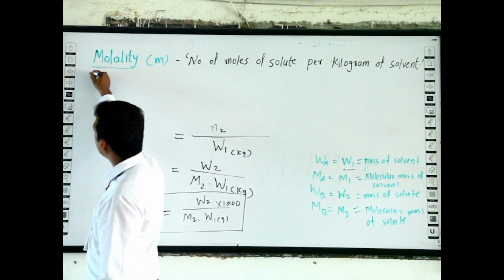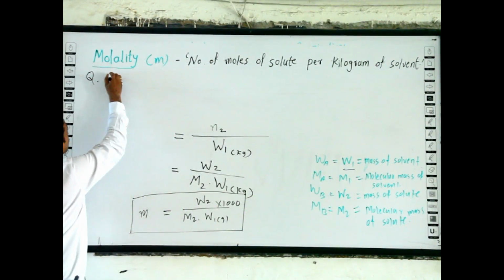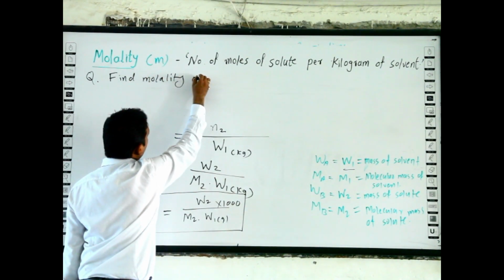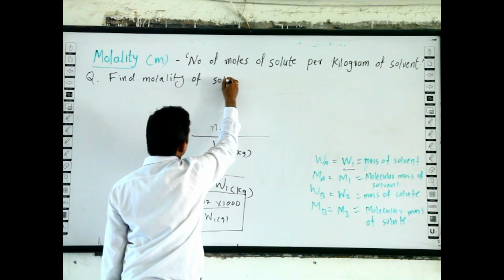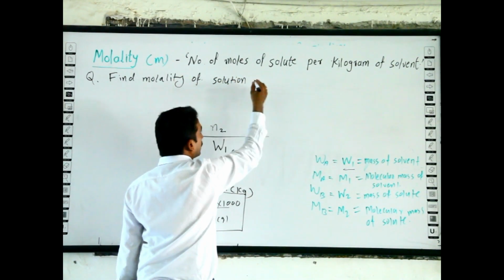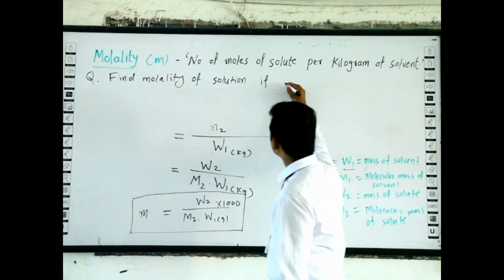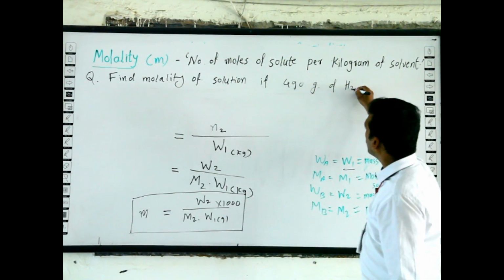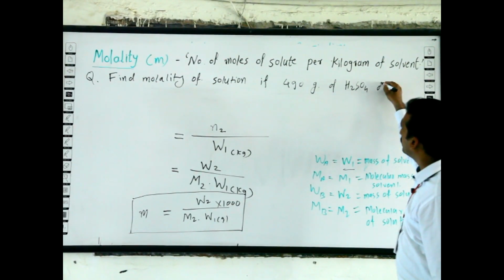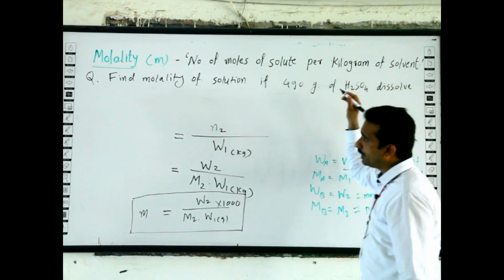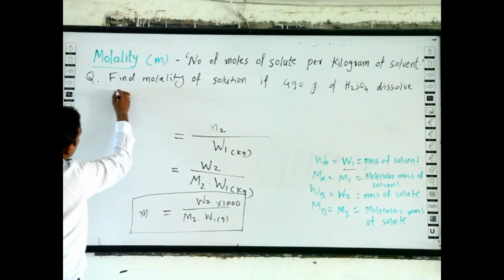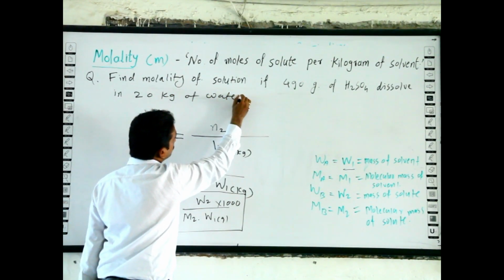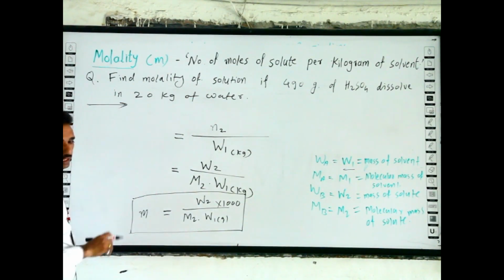The question is: find molality of solution if 490 gram of H2SO4 is dissolved in 20 kg of water.